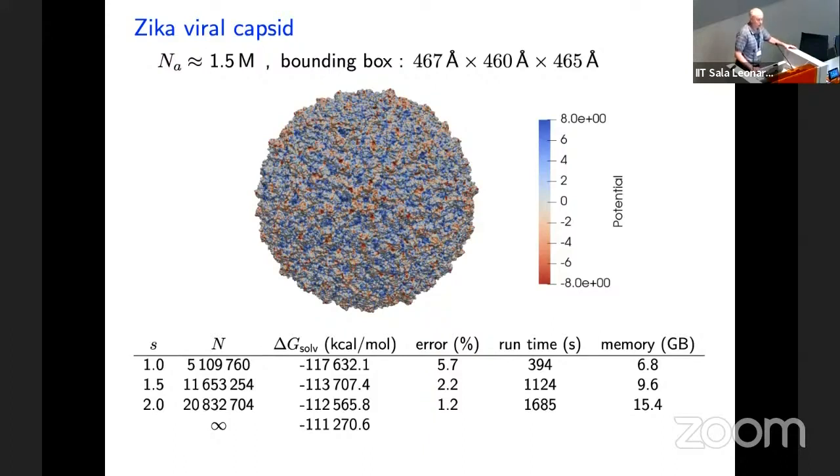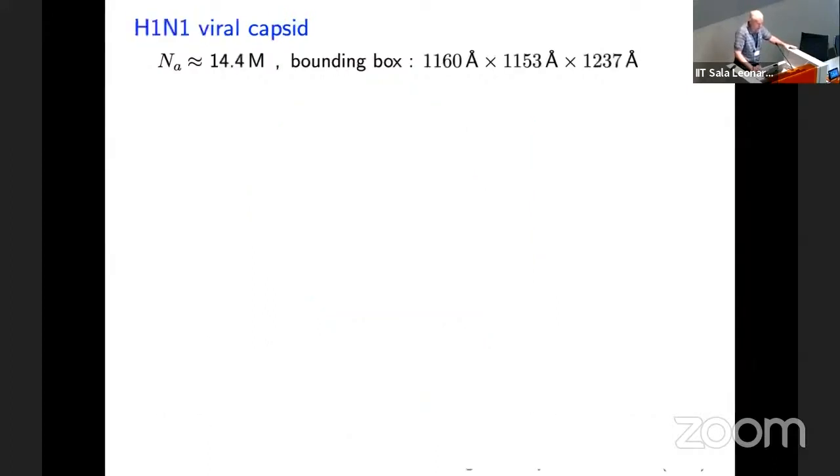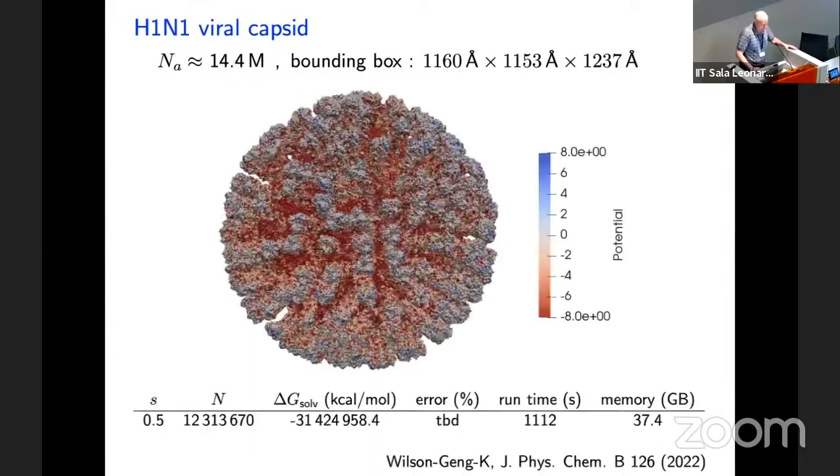Walter transmitted it; I think you got it from Rommie Amaro's group. He gave us the coordinates and the partial charges, because it wasn't in any data bank. We then applied this method. That one has 14 million charged particles in the bounding box. It's bigger, and Leighton managed to get it to run, and this is what it looks like.